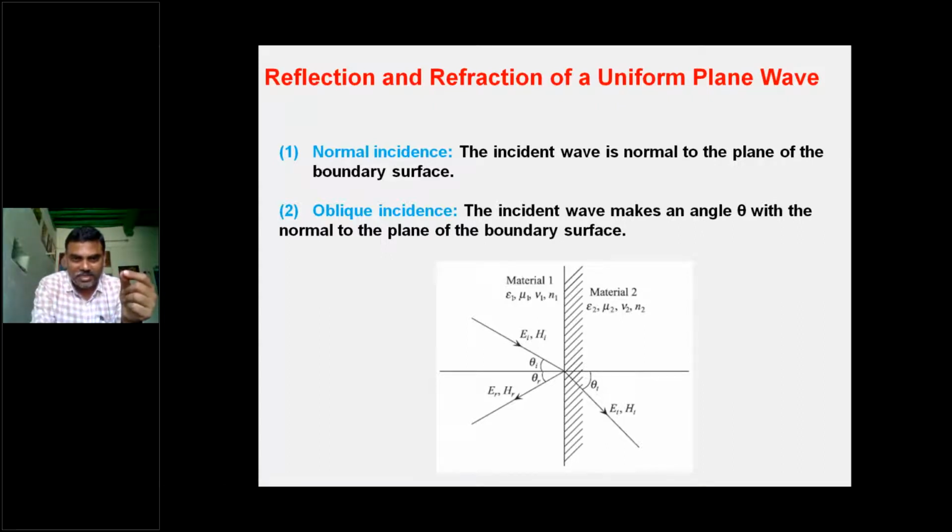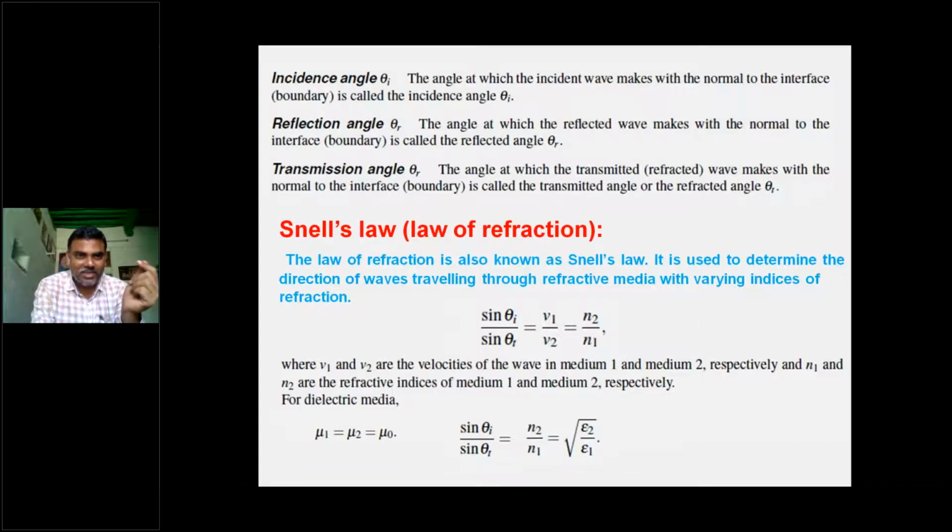So these are the definitions: incident angle theta i, reflection angle theta r, transmission angle theta t. The angle at which the incident wave makes with the normal to the interface or boundary is called the incident angle. Similarly for the reflected wave, the reflected angle or reflection angle. For the transmitted wave, we call that the transmitted angle.